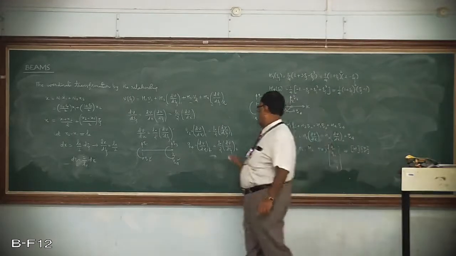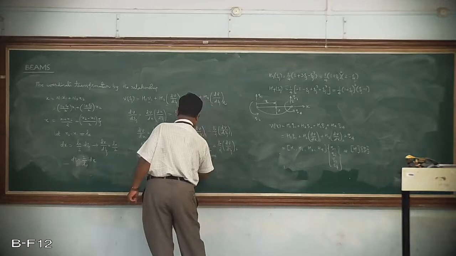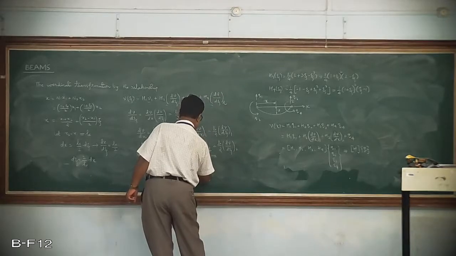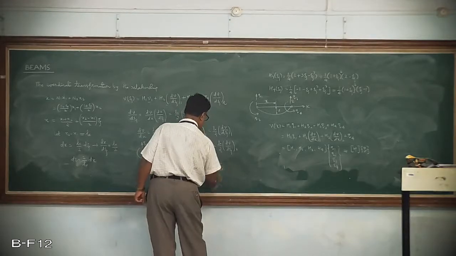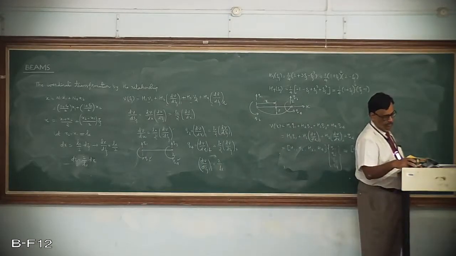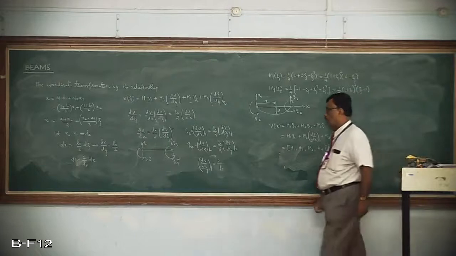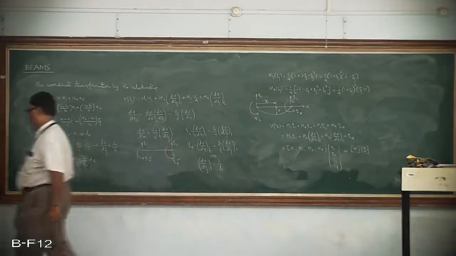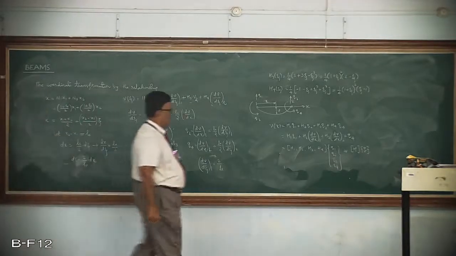So, from these relations, what will you tell me? If I want dV by d zeta at 1, is it 2 by LE or LE by 2? Exactly, you have to check this. Let us quickly look into this.